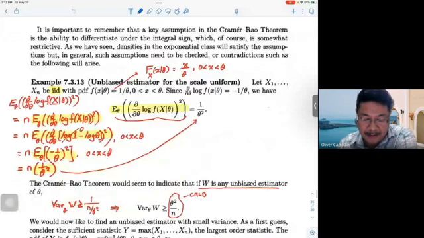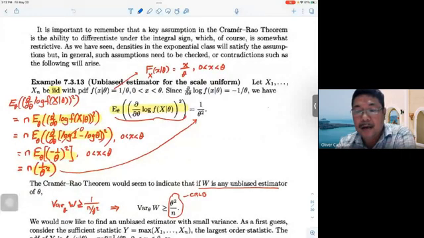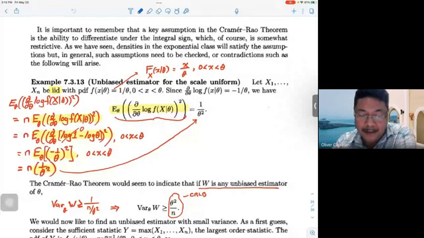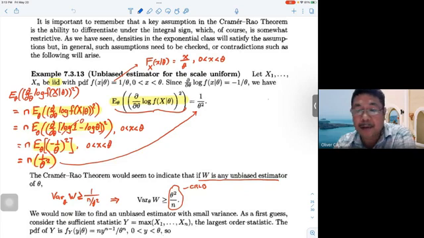In this case, we apply the Cramér-Rao inequality theorem and at the same time the Corollary 7.3.10, but we cannot apply the lemma for this particular example because the PDF of our random sample does not belong to the exponential family.